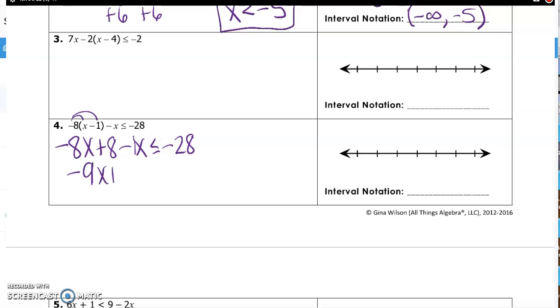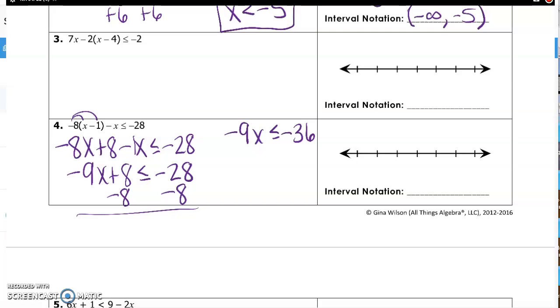Negative 9x plus 8 is less than or equal to negative 28. Then we would subtract 8. I'm going to rewrite it up here. Negative 9x is less than or equal to negative 36. Divide by negative 9, so we need to flip the sign. X is greater than or equal to positive 4.